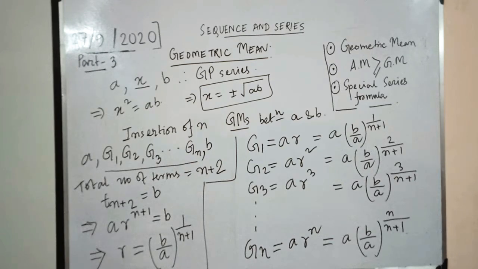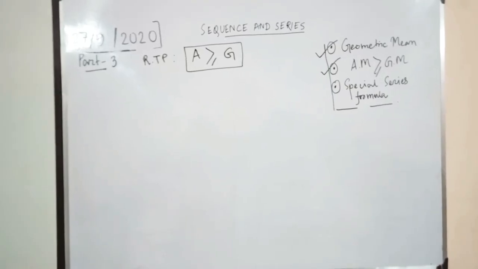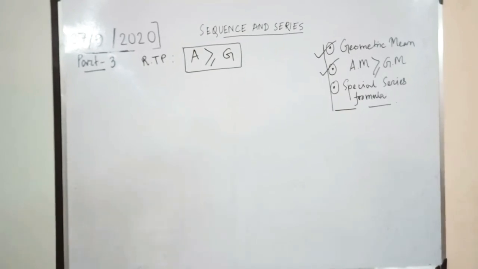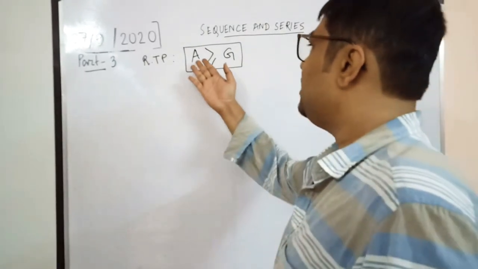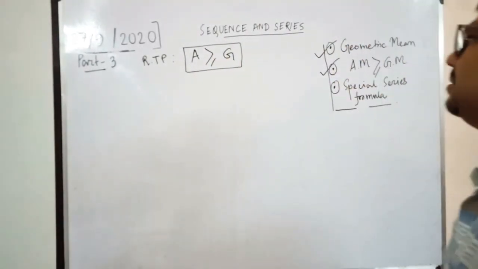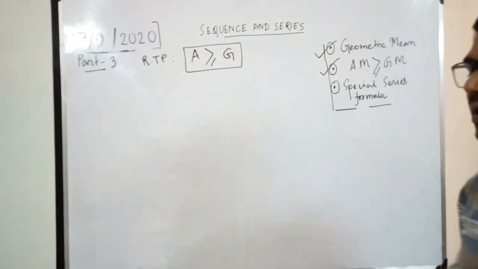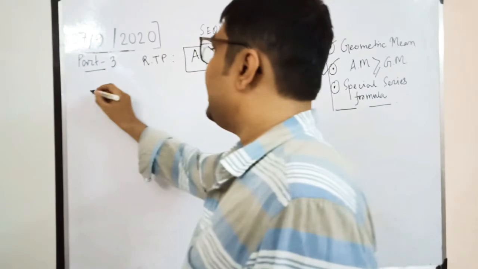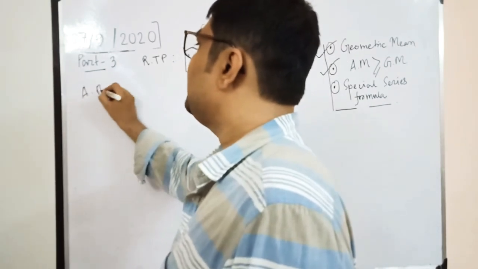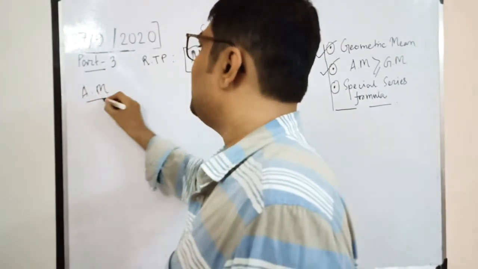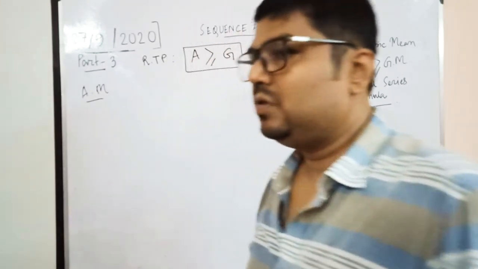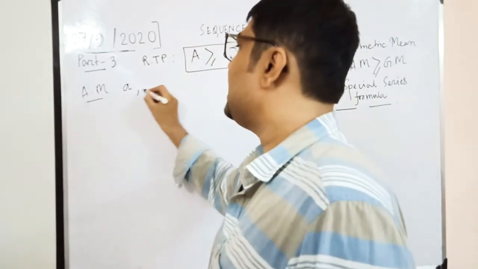Okay, so this is how we insert n number of GMs between two numbers a and b. Now we will continue with the second topic where AM is greater than or equal to GM. Let's see how it happens. So we come to the second topic where we prove that AM is greater than or equal to GM. A and G are the short forms of AM and GM that we have assumed. Now the arithmetic mean A of two numbers, say we take two numbers as a and b.